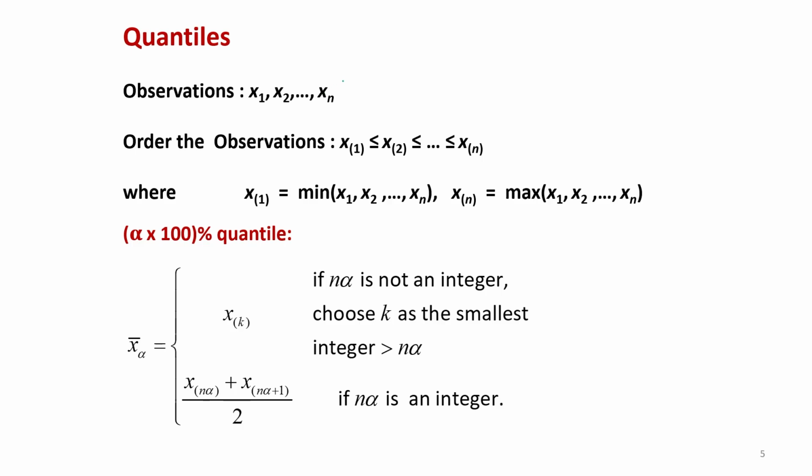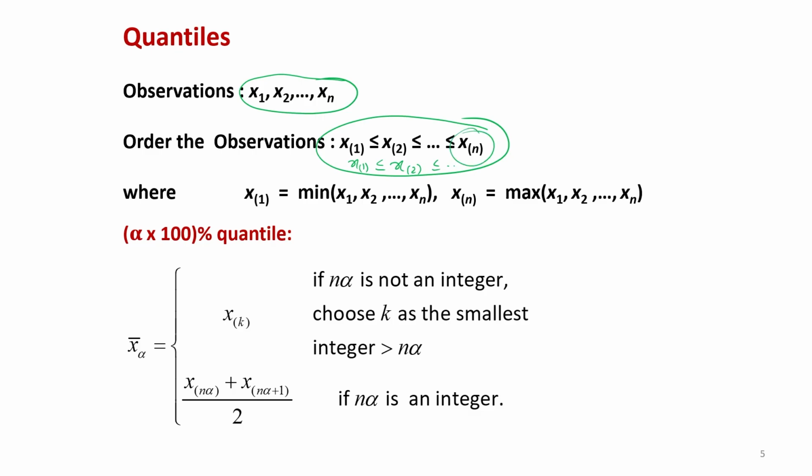Suppose we have n observations denoted by x1, x2, up to xn, and from there we obtain the ordered observations, denoted by x(1) less than or equal to x(2), and up to the ordered value of x(n), right.